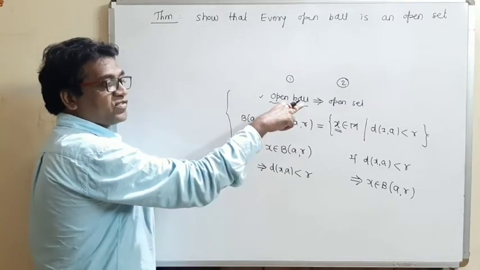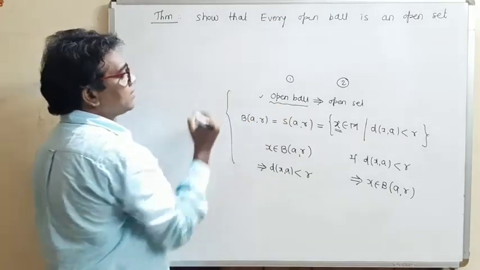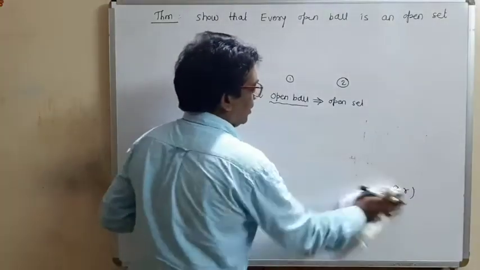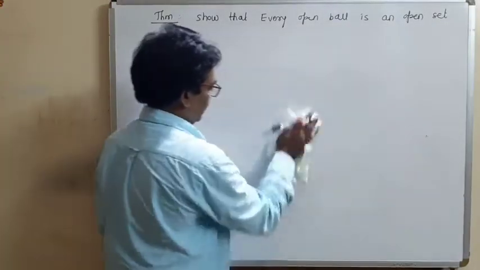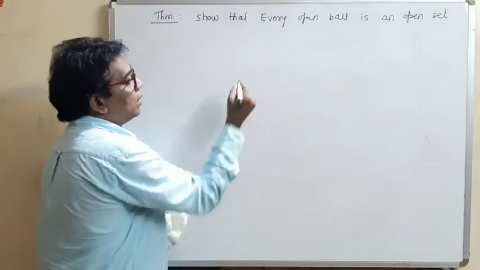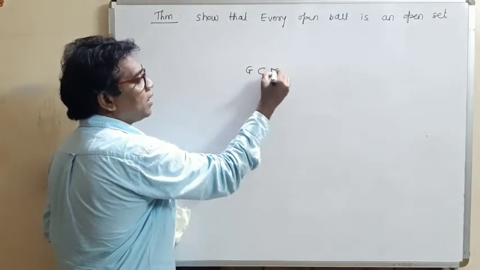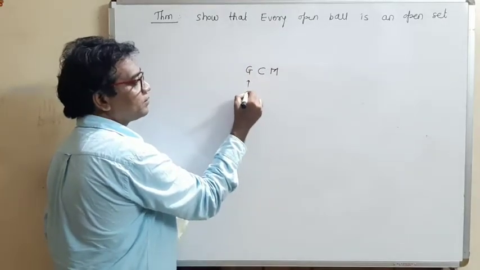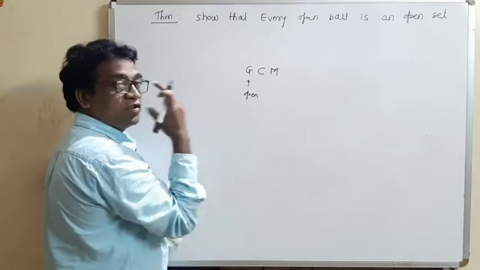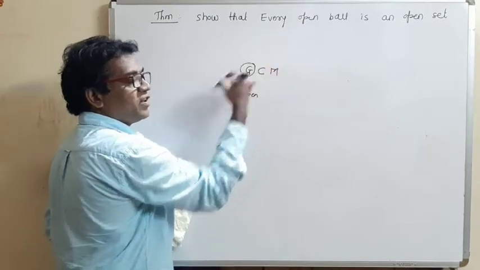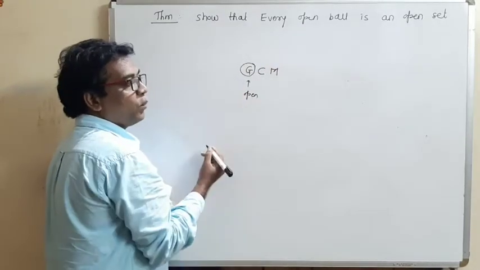Now we have also seen the definition of open set. Now see, what is the definition of open set? A subset G of metric space M is said to be open.